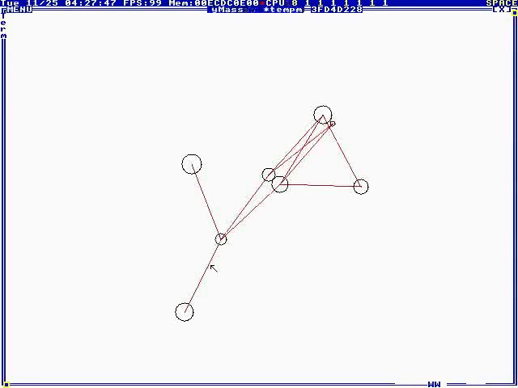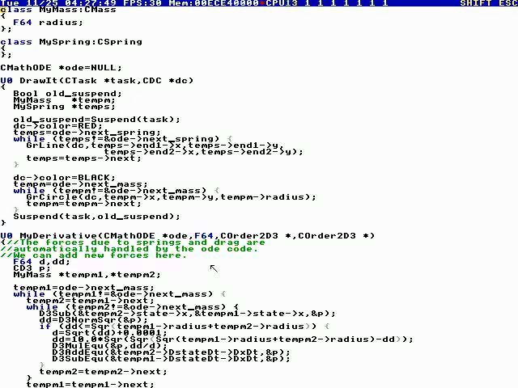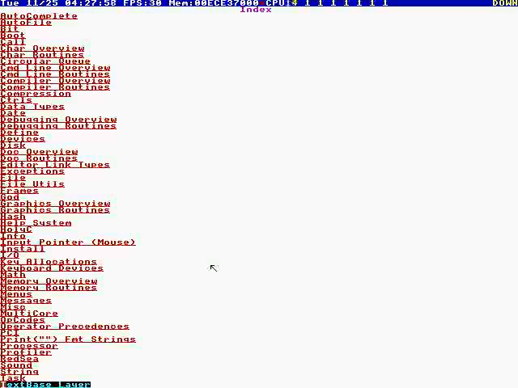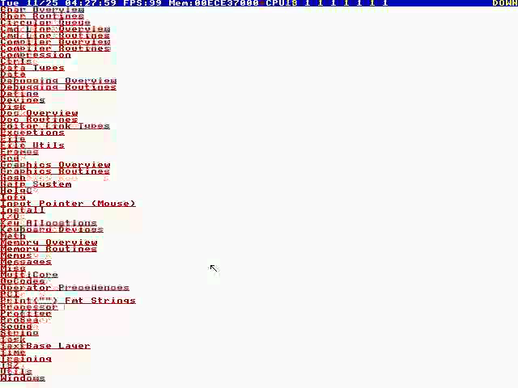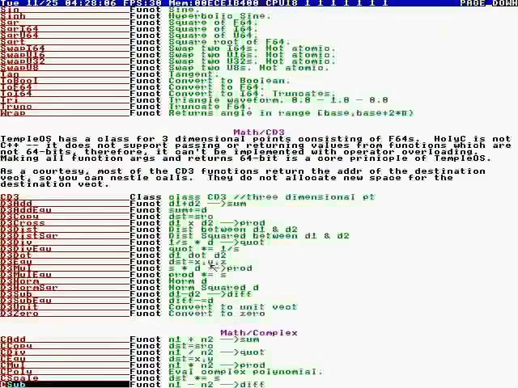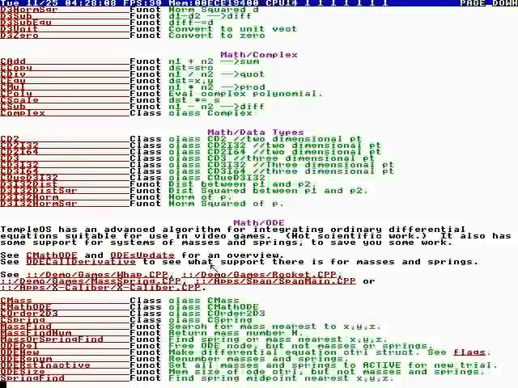Okay, so this uses a differential equation solver. They call it numeric integration. ODE.